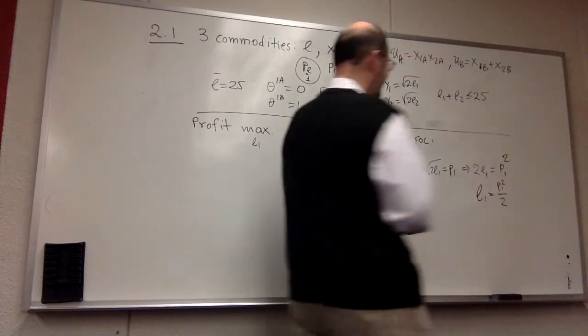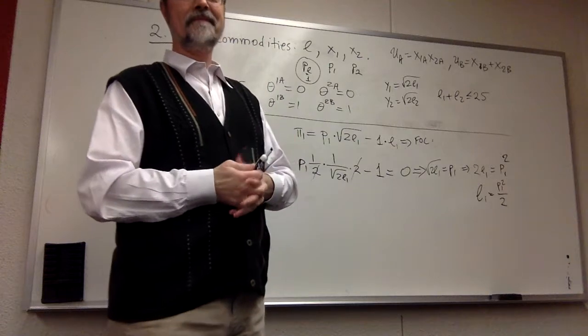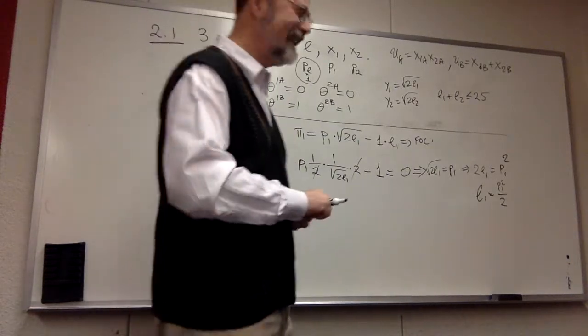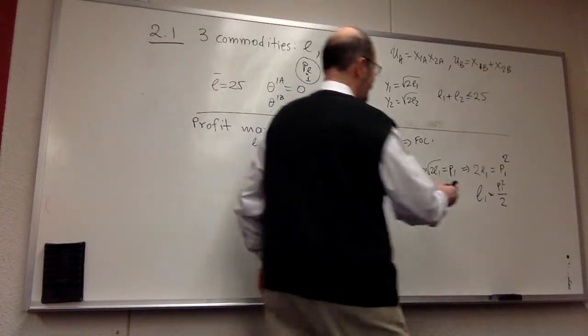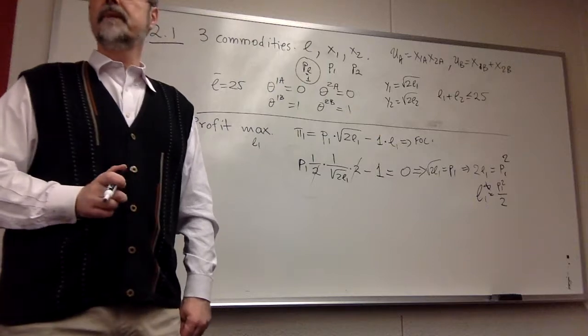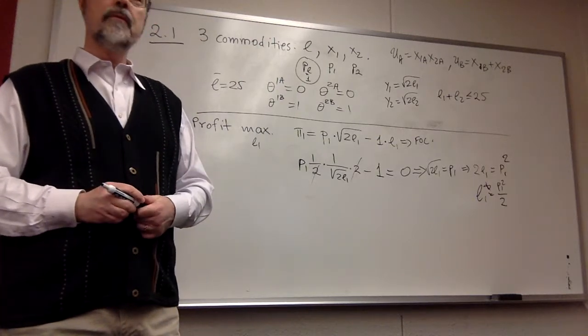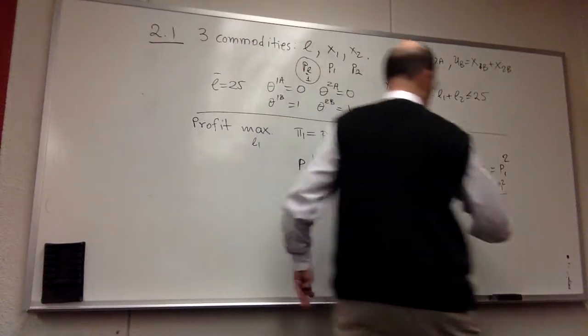Okay. All right, now let's assume this is correct, so double check everything. But that tells me that I have L star 1, the optimal usage of the input for firm 1. Do it again for firm 2, and come on.